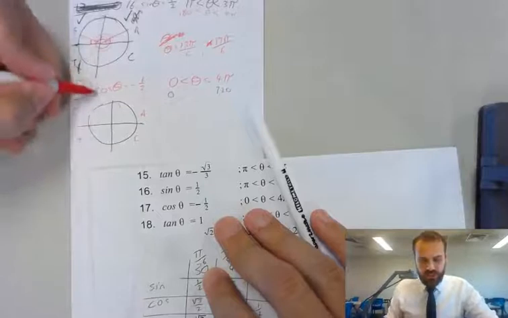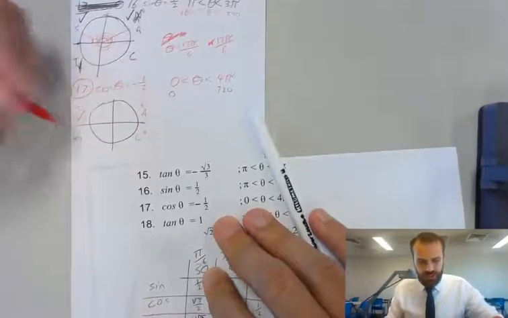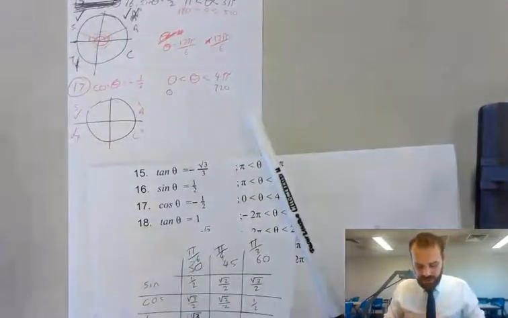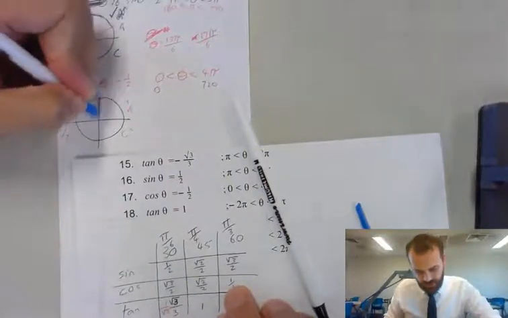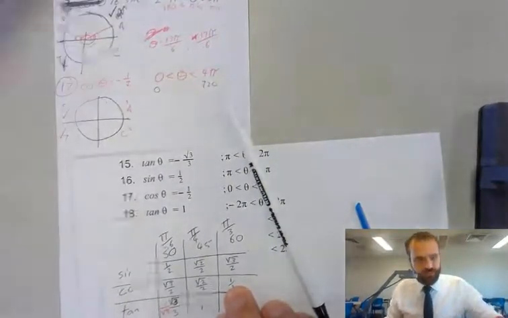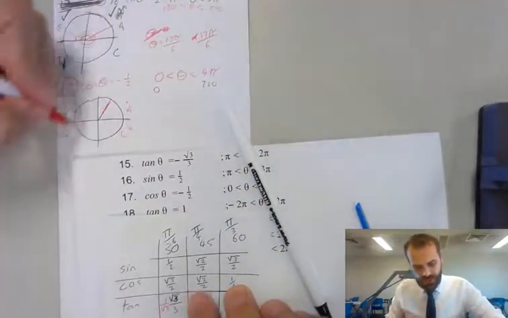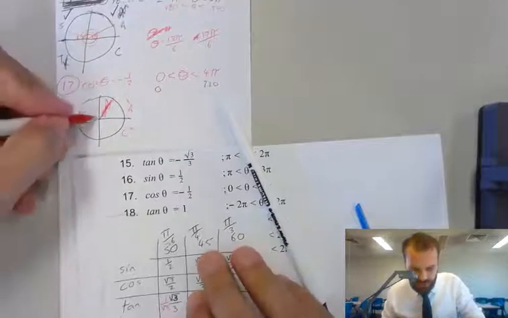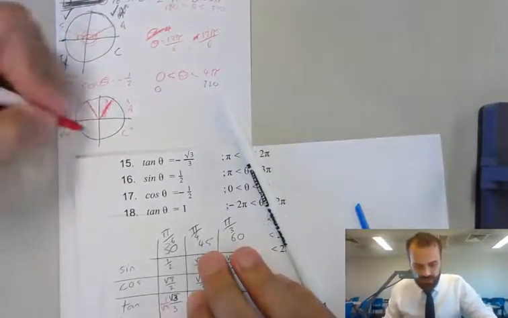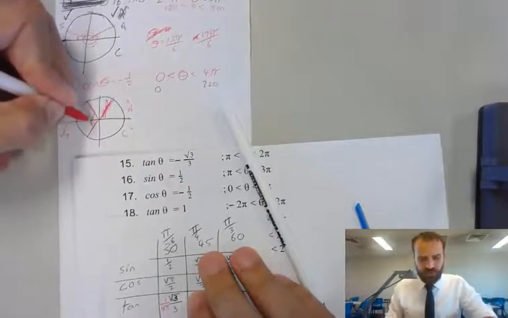It's a cosine question. It's negative, so it's not going to appear here or here. It's in here or here. Going back to my thing, cosine 1/2, that's pi on 3. So here, here. Oops, no it's not. It's in this quadrant, so here, and it's in this quadrant, so here. Pi on 3, pi on 3.